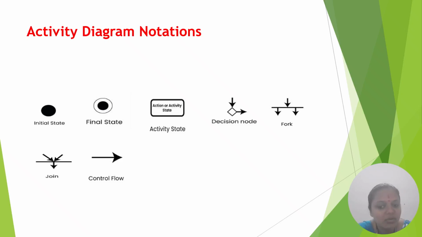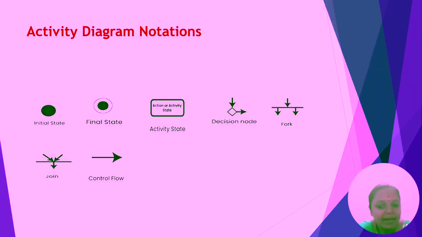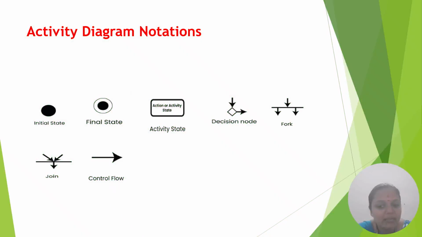The join node in an activity diagram is used to combine two or more parallel flows into a single flow. It represents a point in the process where multiple activities that were running simultaneously come together before continuing as one.